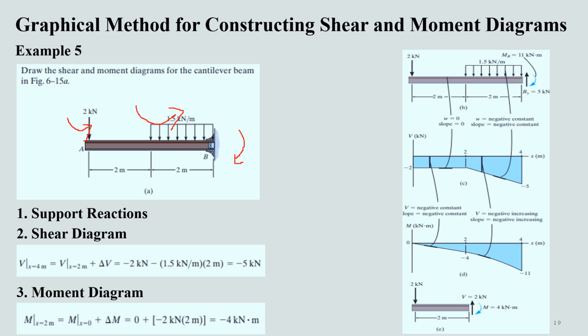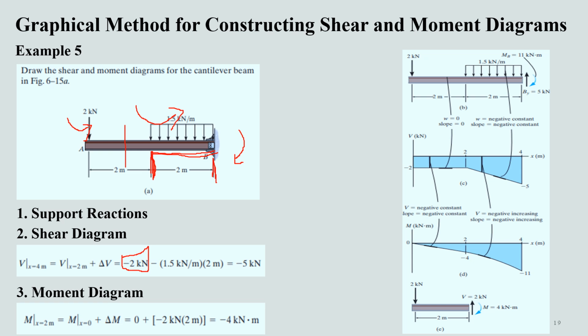If we have to determine the shear at this location, how will we begin? Just consider the shear at this location of x is equal to 2, and then the change in shear in this segment. So the shear in this segment from 0 to 2 will simply be upwards 2 kilonewton, and since we consider downwards as positive in shear, if we are taking a segment from left, then we'll consider this upward shear negative.